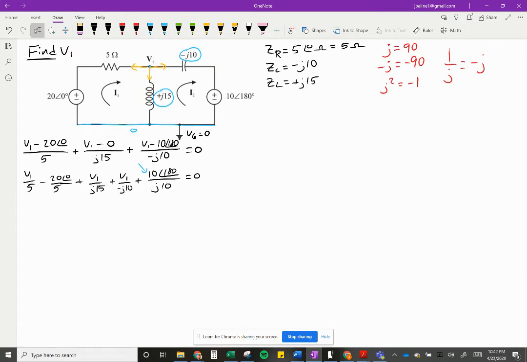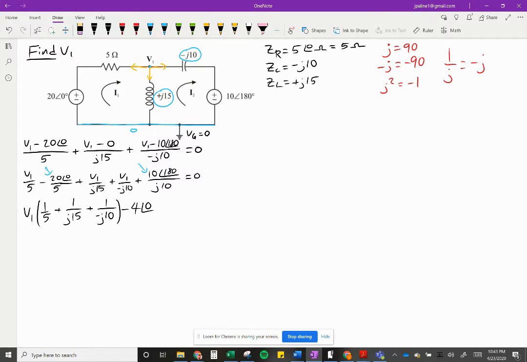All right, now let's combine like terms. Combining these like terms, we get V1 times 1/5, plus 1 over J15, plus 1 over negative J10. Then I get 4 at angle 0, which just comes from right there.